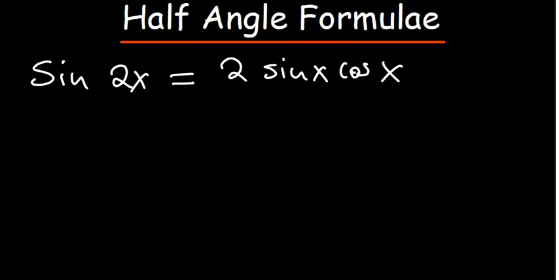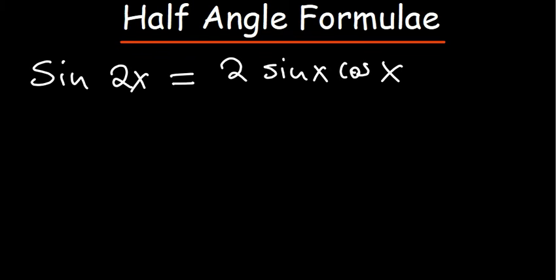Of course, this came from the addition formula, where you say sine of x plus x, which gives sine x cosine x plus cosine x sine x. We did that earlier on.